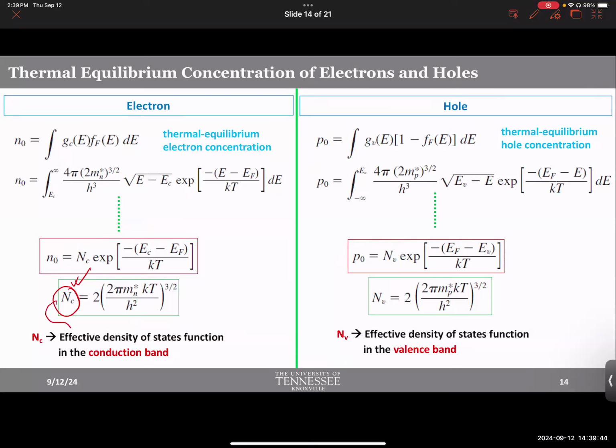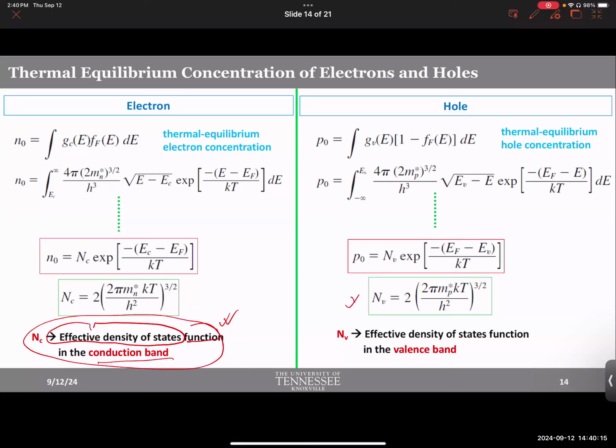So we decided to call it the effective density of state function in the conduction band. So it's a mouthful, but it is essentially like a constant, like a modifier in front of the exponent. That's all. Okay, just keep that in mind. It's not as difficult as it sounds in terms of the name, but we still have to keep that in mind, because in math problems or in other textbooks, they will keep referring to it as the effective density of states in the conduction band.